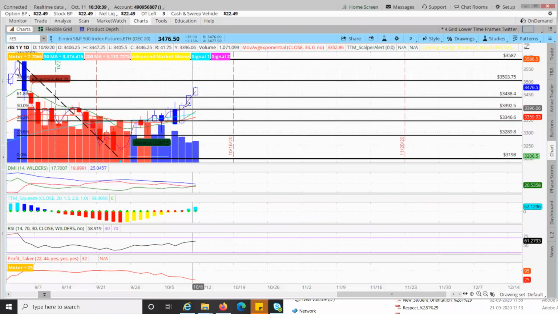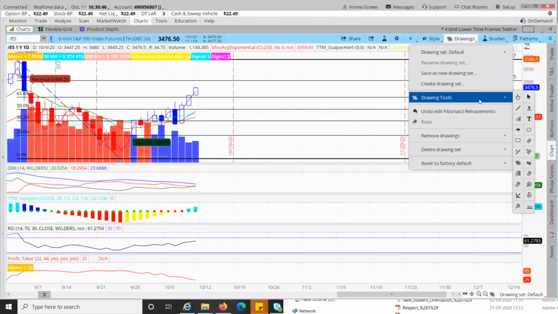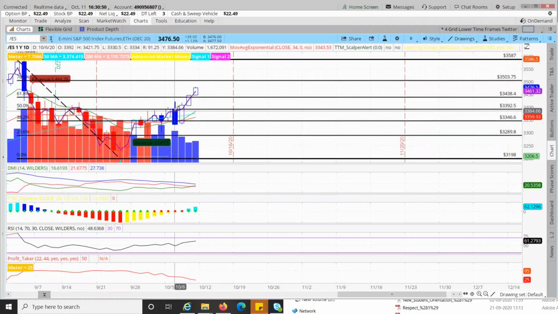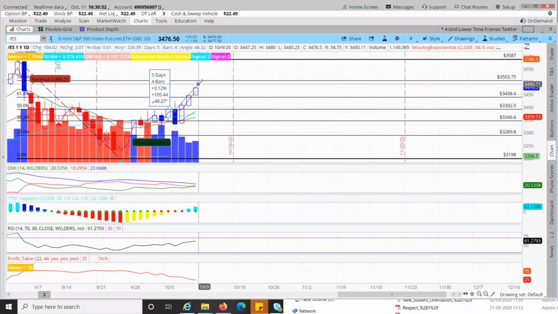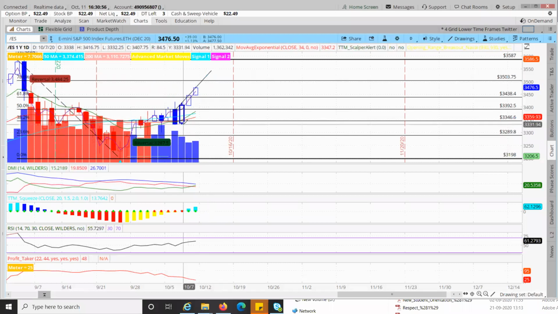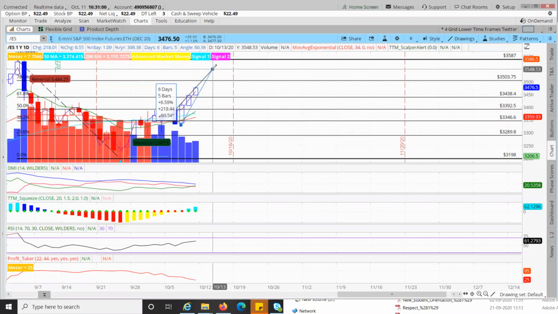Yes, so this is making an ascending wedge. If you know, let me just draw that. If you see here, it's going right in this direction, and this is going right.